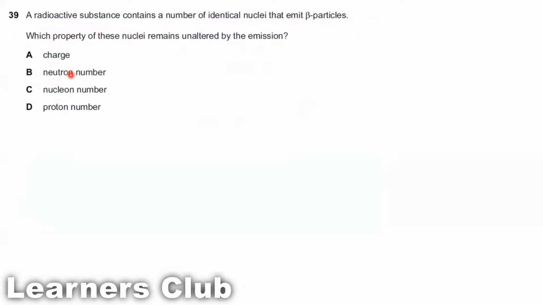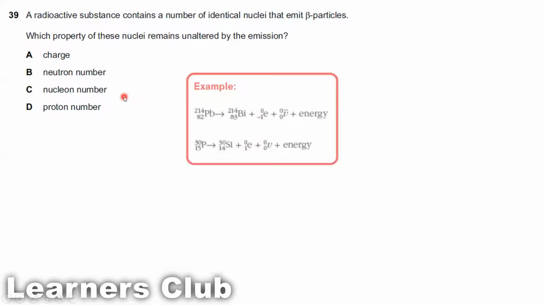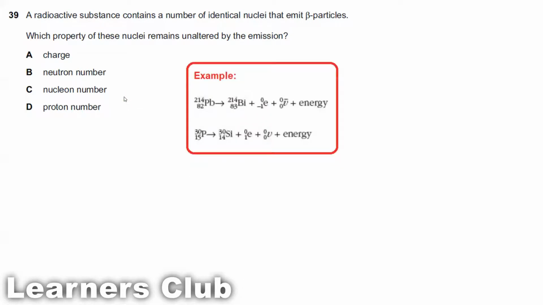Question 39. A radioactive substance contains a number of identical nuclei that emit beta particles. Which property of these nuclei remains unaltered by the emission? So we have to see which property remains unchanged by the emission of a beta particle. It's better to have an example, which will make it easier.